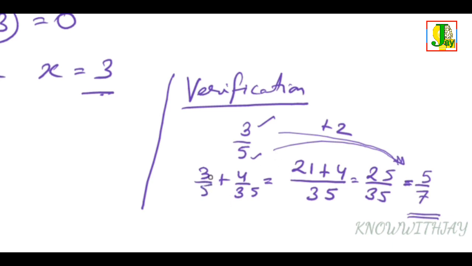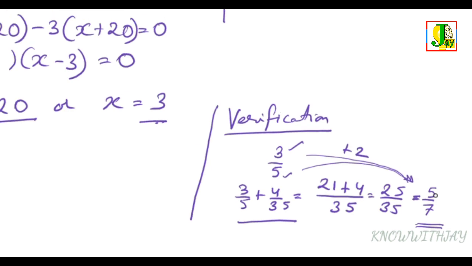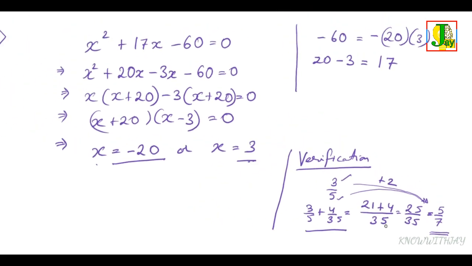If we add 2 to both the numerator and the denominator, we get 5 by 7, right? And it is actually 4 by 35 more than the fraction we have. So if we add 4 by 35 to the given fraction, what we find is 5 by 7, which fulfils our given condition.